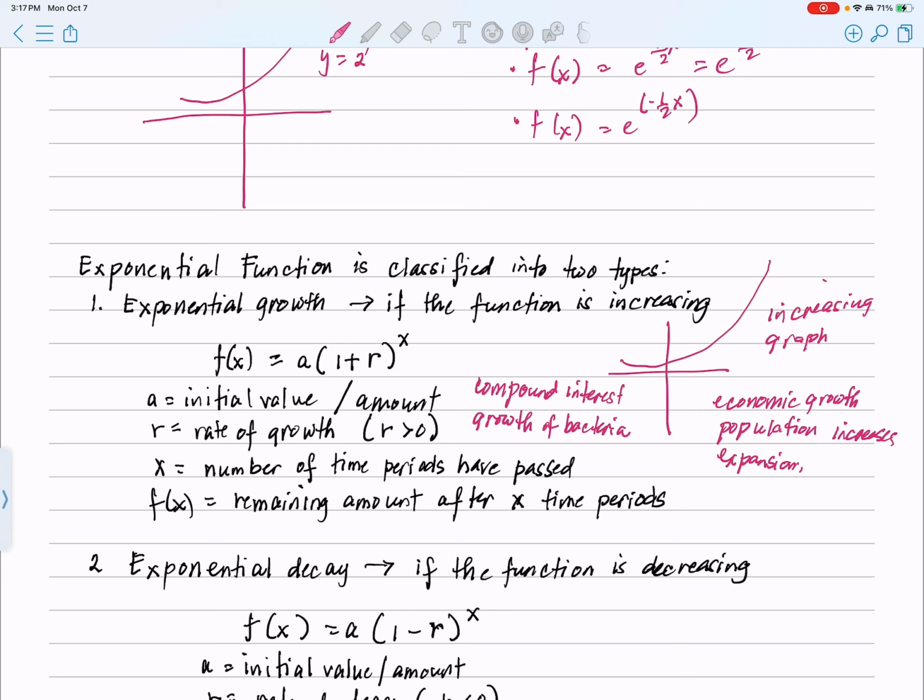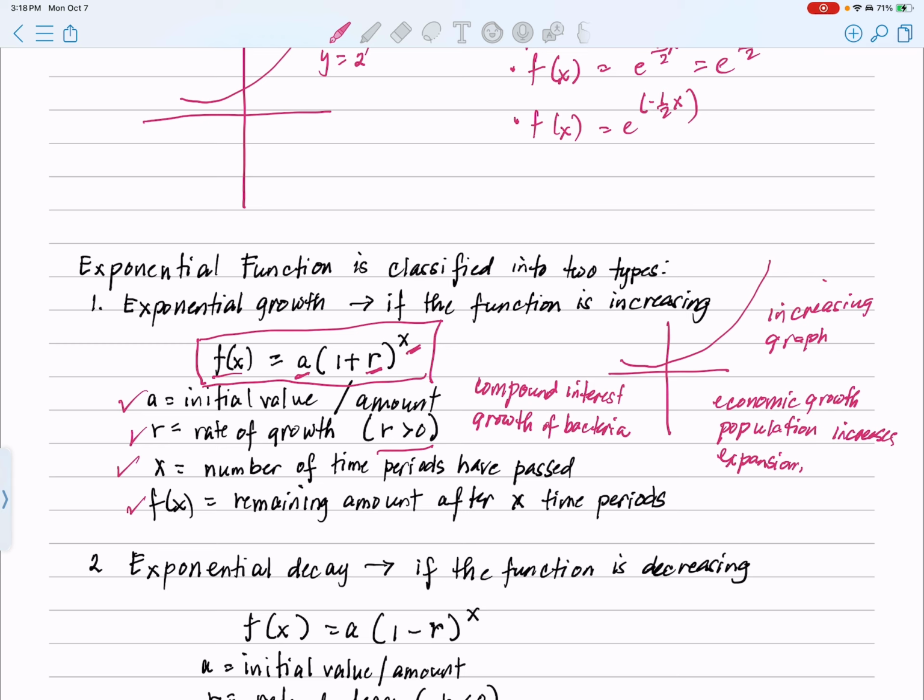We are going to use this formula. All right? f of x equals a times the quantity of 1 plus r to the power of x, where a is the initial value or amount, r is the rate of growth, that is, r should be greater than 0. x is the number of time periods that have passed, and f of x is the remaining amount after x time periods.